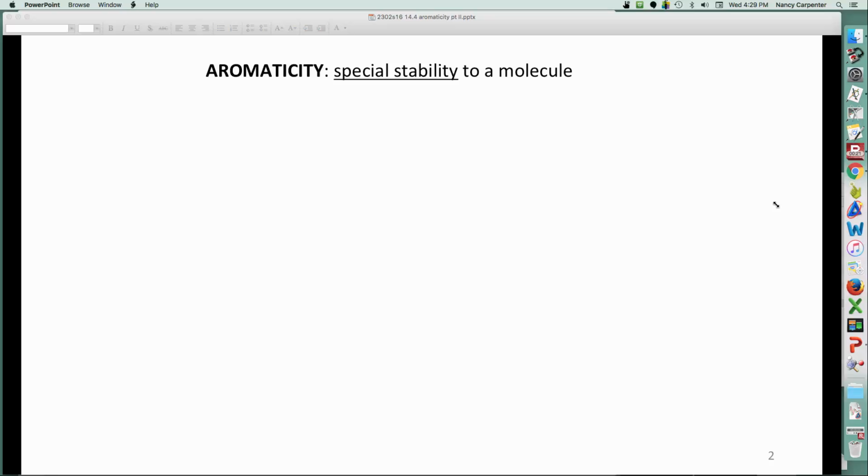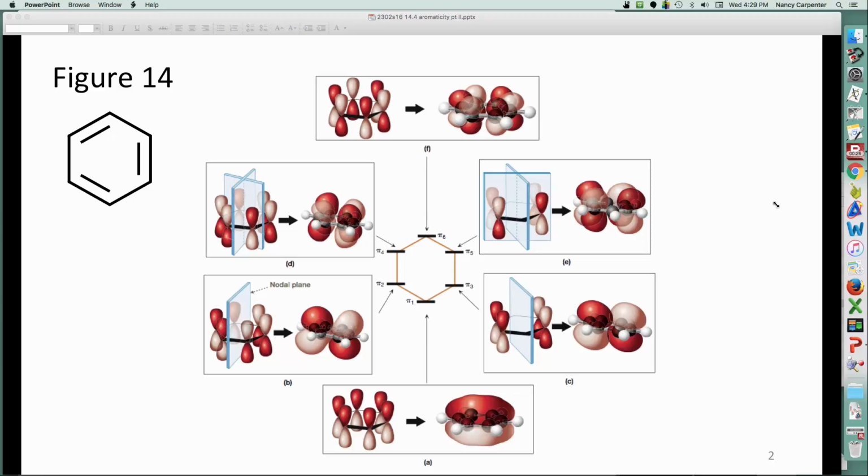I'm going to pick up right where I left off on the last mini lecture and show the Frost circle and MO energy diagram, straight out of your textbook, for benzene.